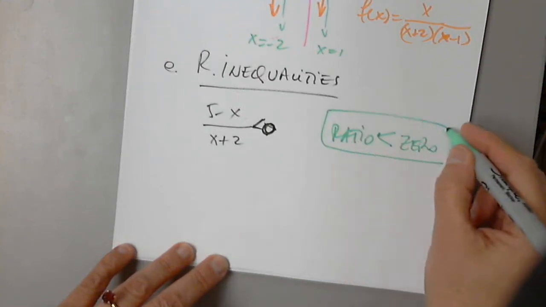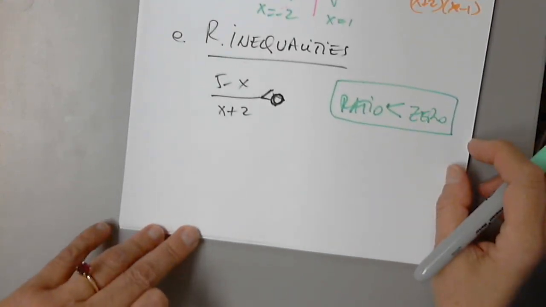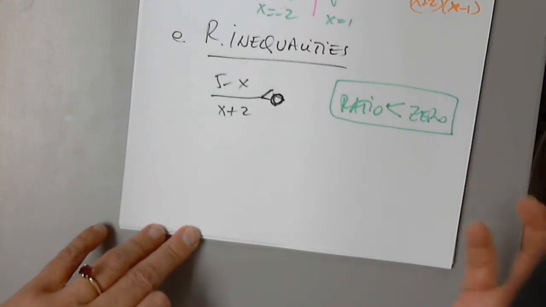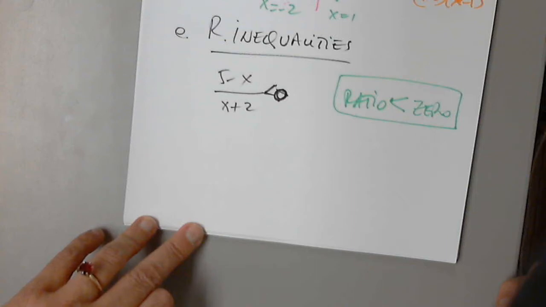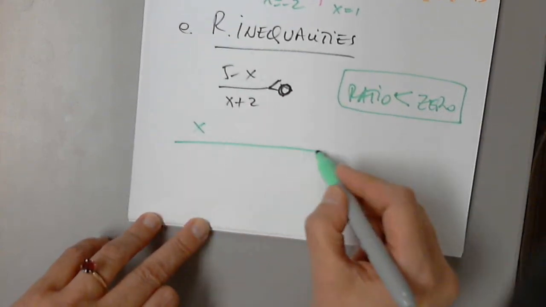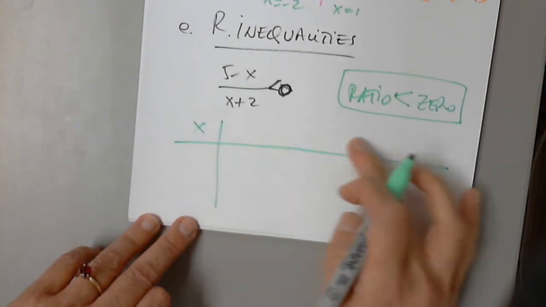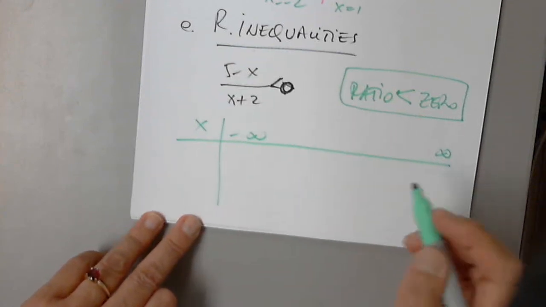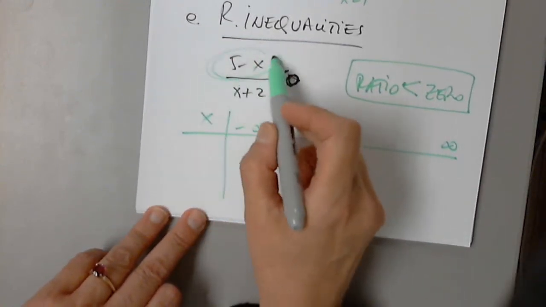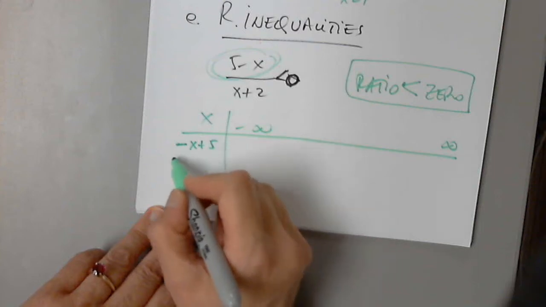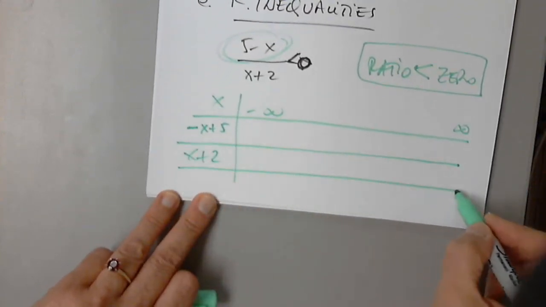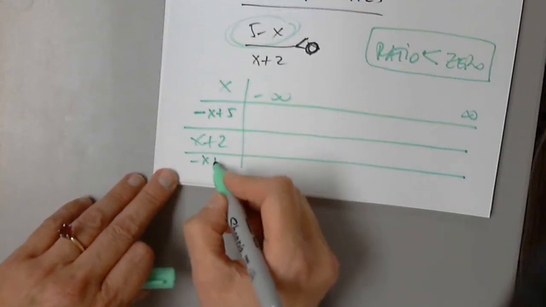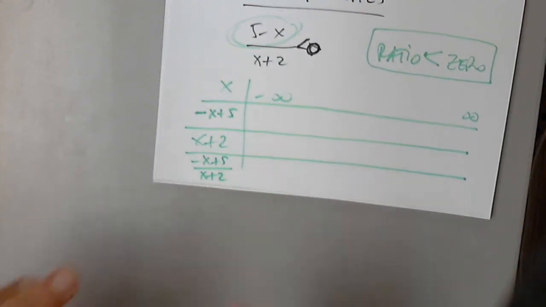This is typical for studying the sign of the rational function using the table that I showed you a long time ago. x is the variable in the problem. Instead of writing this, I'm going to write negative x plus 5 in descending order. Then I'll write the next factor, which is the denominator, and then finally the ratio. Exactly what we did before.